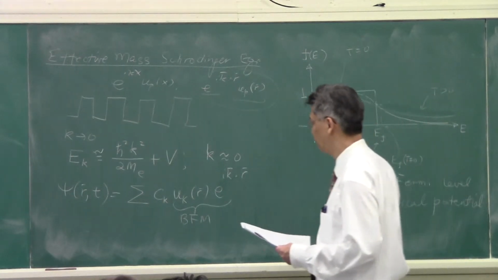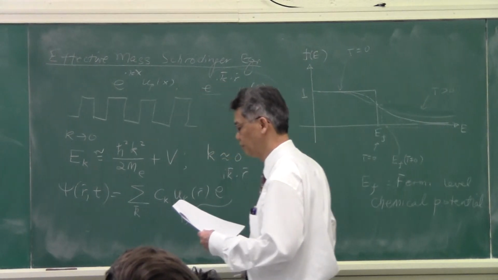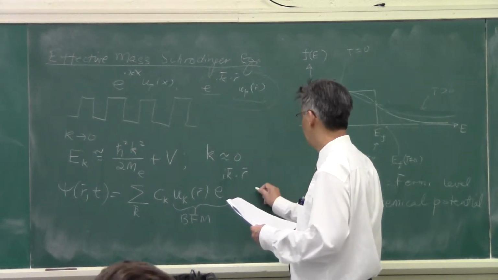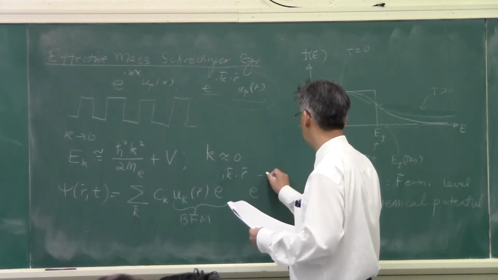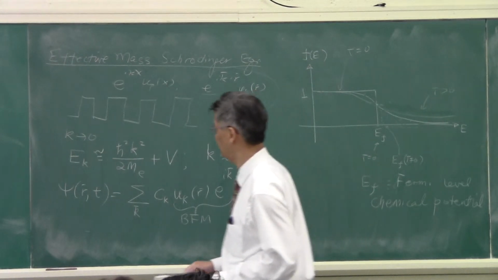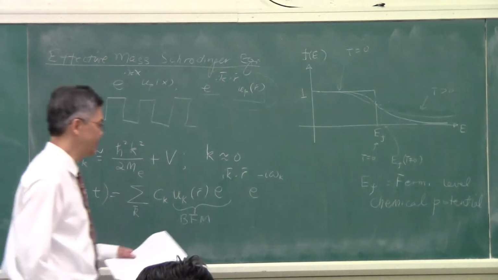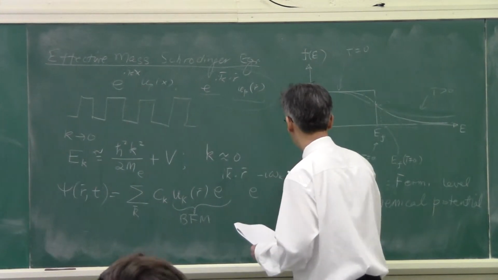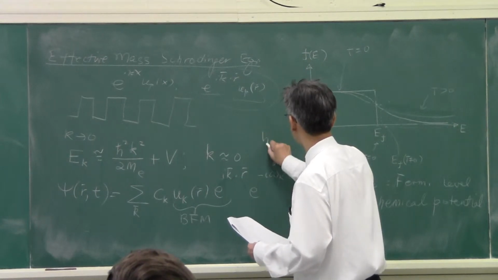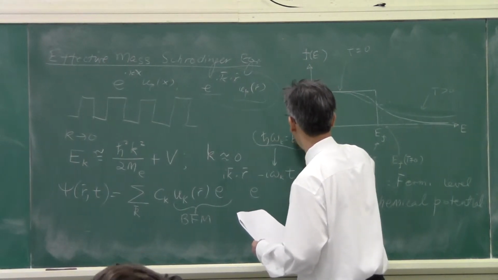And then they will have different k values. Okay, they will have different k values. And then each of them will have a different energy level, E sub k. Okay, each of them will have a different E sub k. And that E sub k has a corresponding omega. Okay, I can think of that h-bar omega sub k is E sub k in this picture.